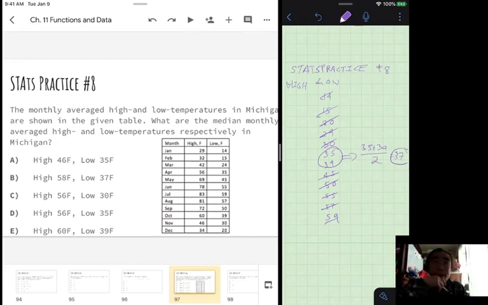You've sorted your list, and you're crossing off some numbers, and you see that there are 2 in the middle. So remember, when you have 2 numbers in the middle, take the average of those 2 numbers.